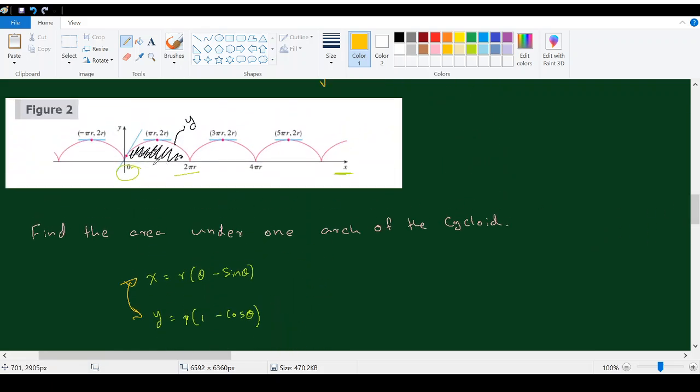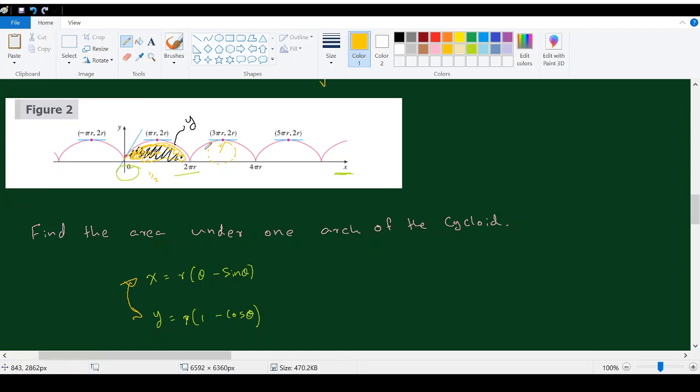Remember, we formed this cycloid by rolling a circle of radius r. Just by looking at this diagram, sometimes you might tend to see that this area looks like half of the given circle.